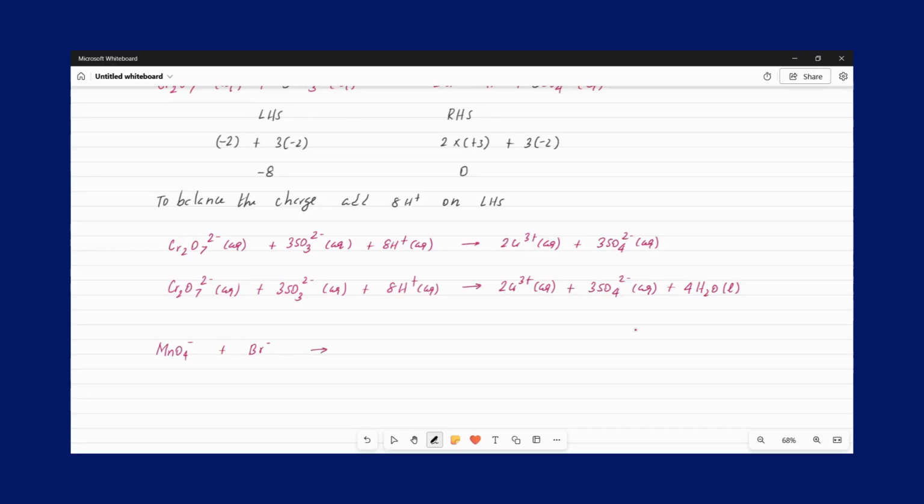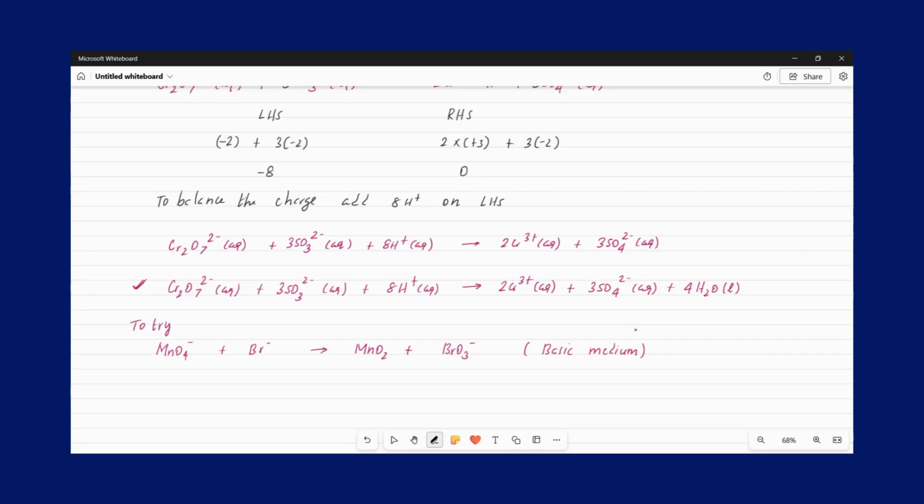We'll see whether you understood or not. Try this. This is the skeleton I'm giving. That is the basic ionic equation. So this equation happens in basic medium. Try to solve. Try to get the balanced chemical equation.